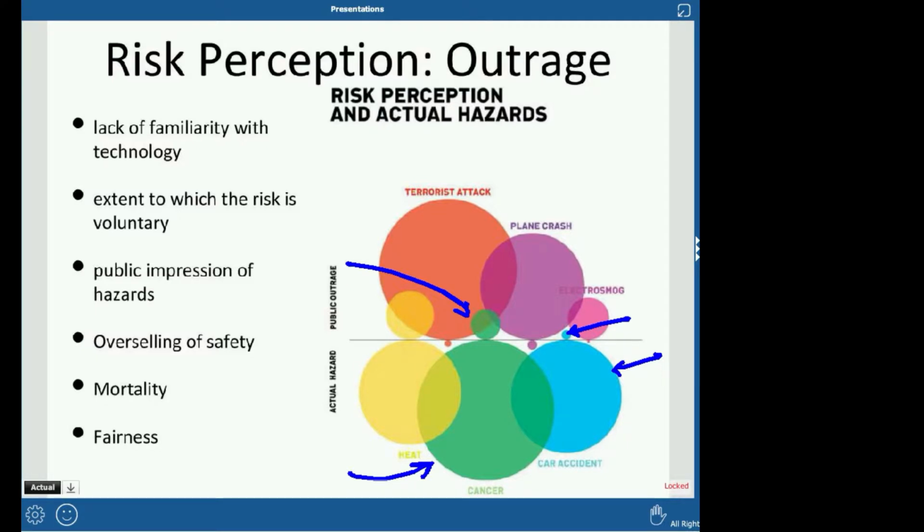And then the terrorist attack, of course, is opposite. The actual risk of a terrorist attack is very, very small, but the outrage is very large. And so it's interesting. This kind of stuff has caused regulation. If the public outrage is very large, there tends to be more regulation on that sort of thing, which I think is interesting.